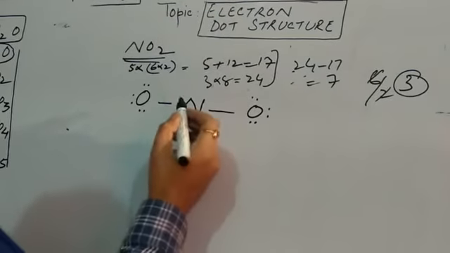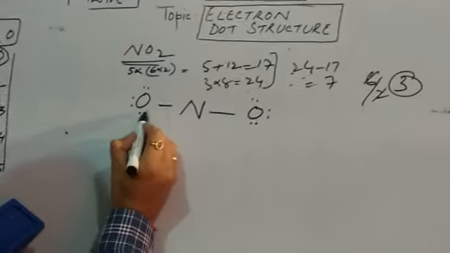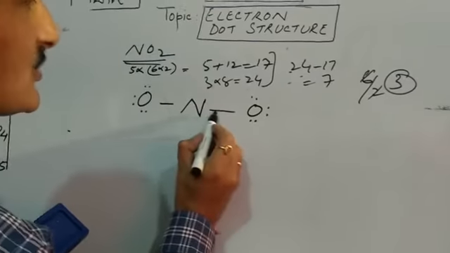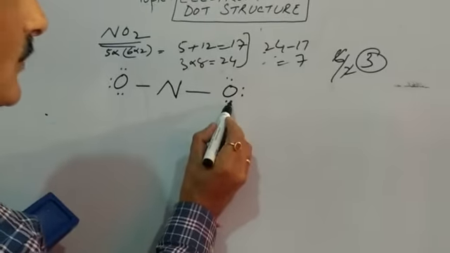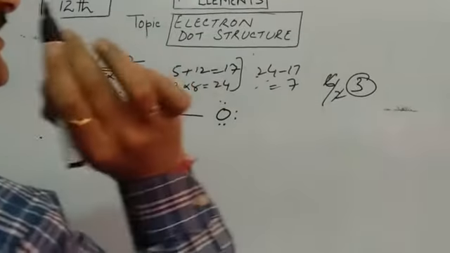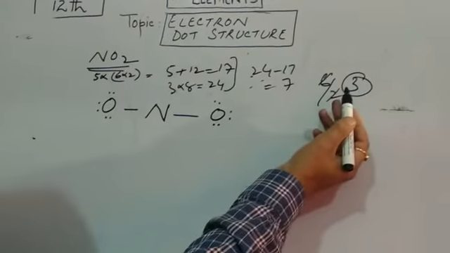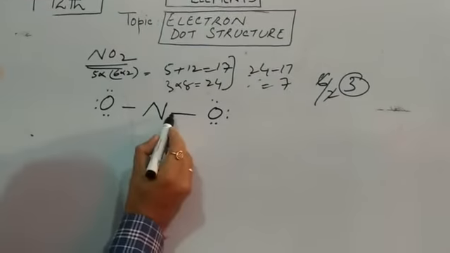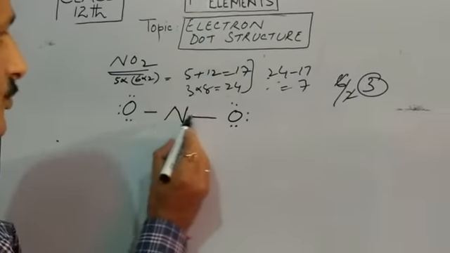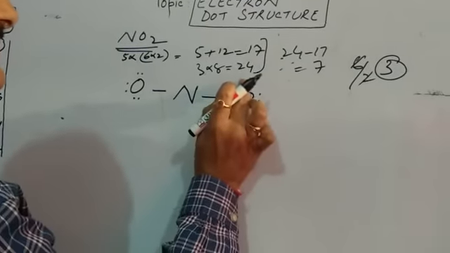Now first let us see how many electrons have been consumed. 2 plus 2, 4, 4 plus 2, 6, 8, 8 plus 2, 10, 10, 12, 14 and 16. So all electrons have been consumed. So now how will the bonds be completed? Now it has 2 plus 2, 4. Let us change this here.